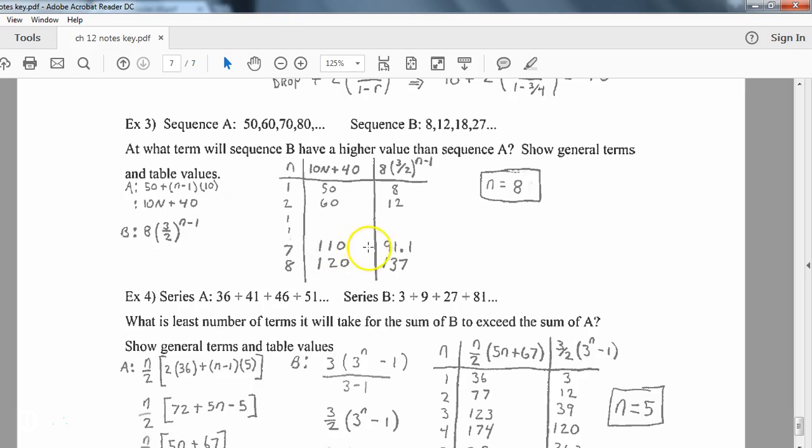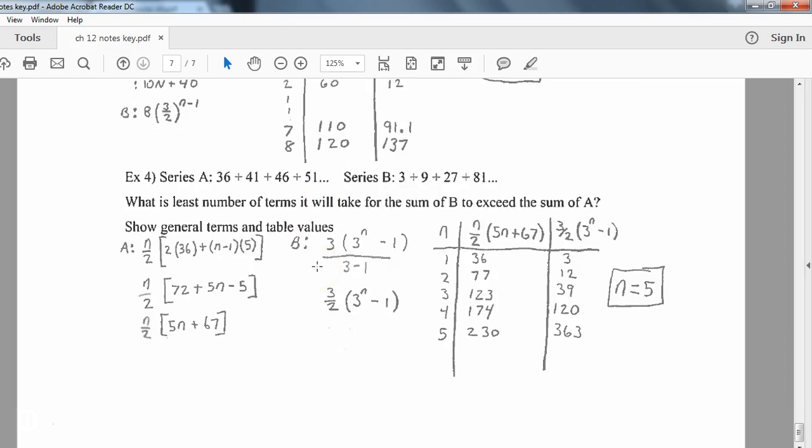So right here at term 7, this guy was still smaller than this guy. But right here at term number 8 is where sequence B became bigger than sequence A. And so I do know that the answer is 8. But if I'm asked to show in a table proof of where that's occurring, this would be a sufficient table to show that scenario.